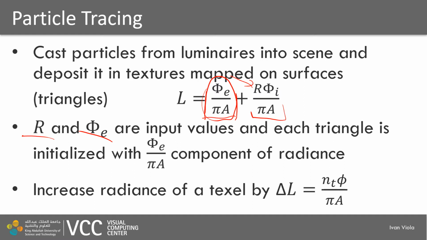We will increase the radiance of a texel by this incident radiance, which is calculated as the power with which this triangle has been hit, normalized by the number of texels which correspond to the area of the triangle.